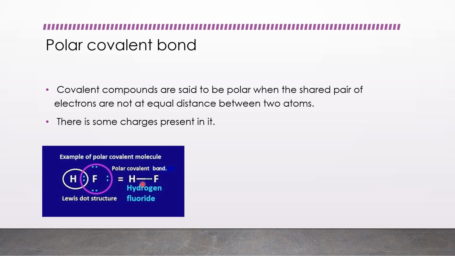So there is a partial negative charge present on the fluorine atom, and the hydrogen atom contains a partial positive charge. Okay, they are not at the equal position. Fluorine has high electronegativity, so the bond pair tends toward the fluorine side.